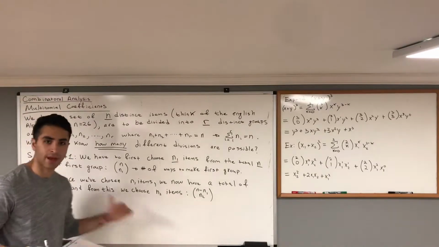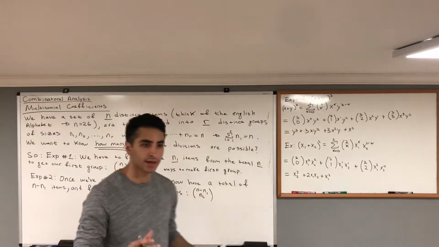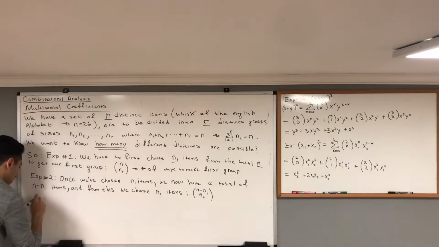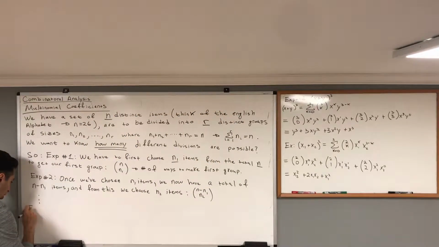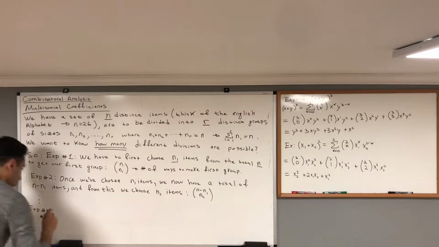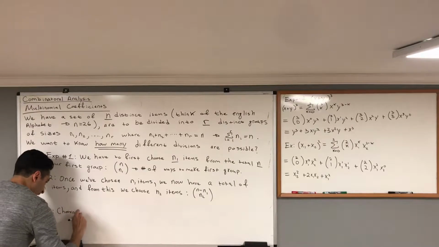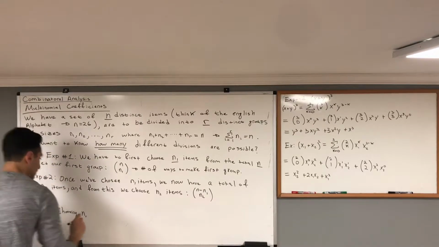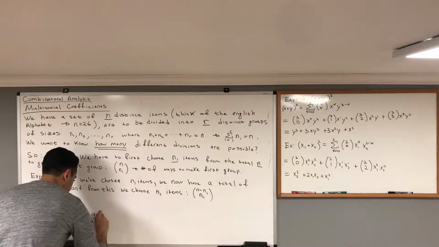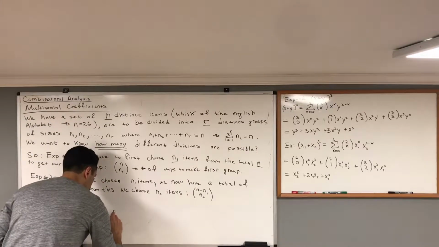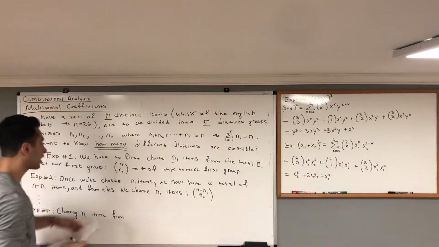And you can continue this pattern until you reach your last experiment, your last group. So let's call that experiment number r, because it's our last group. Experiment number r, we would be essentially choosing nr items, right? The last number of items we can choose. nr items from, well, we don't have n anymore.